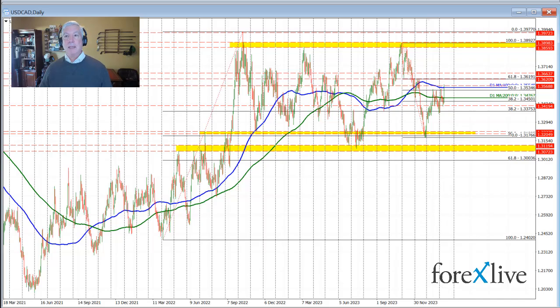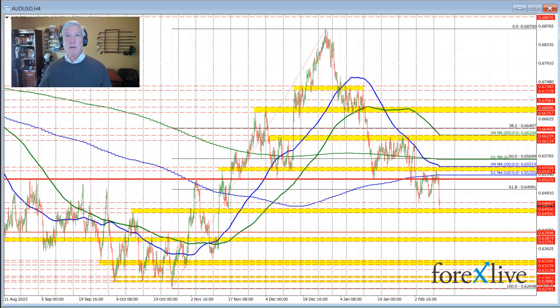Let's take a look at the Aussie versus US dollar. Next, I'm going to look at the 4-hour chart for this currency pair, and you can see that just prior to the report, the high price was testing the 100-day moving average. That's the blue line in this chart. Remember, we talked about this key swing area. The swing area goes all the way back to these levels, a nice little floor.